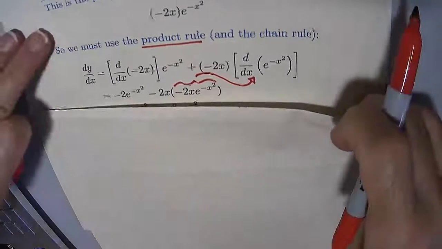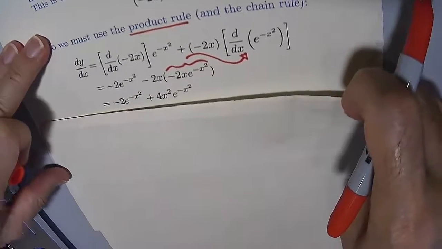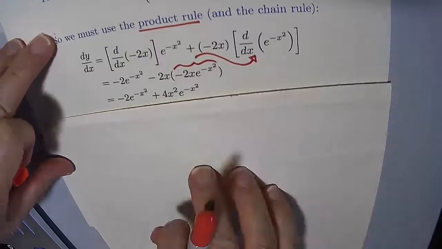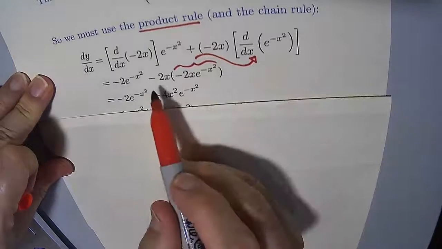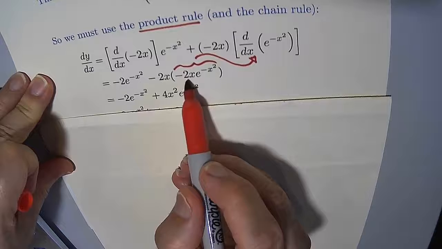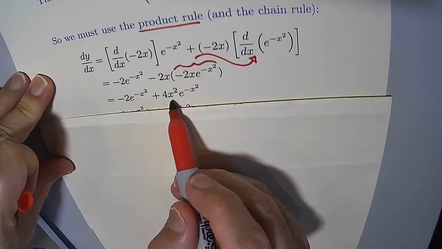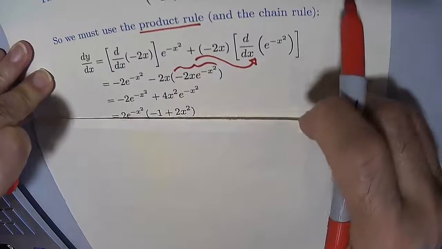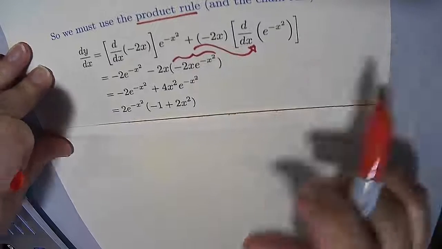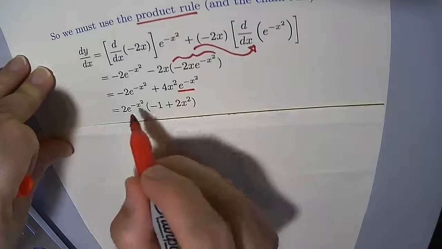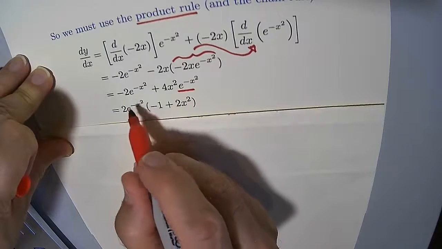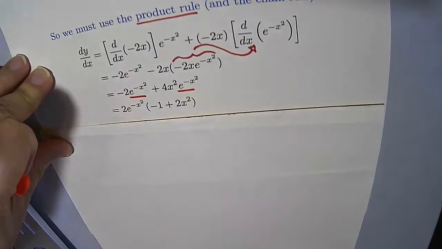Now we simplify this a little bit so that it looks less unwieldy. First of all, minus 2x times minus 2x is plus 4x squared. And then next you'll notice that I have some common terms. There is e to the negative x squared. We can pull that out.